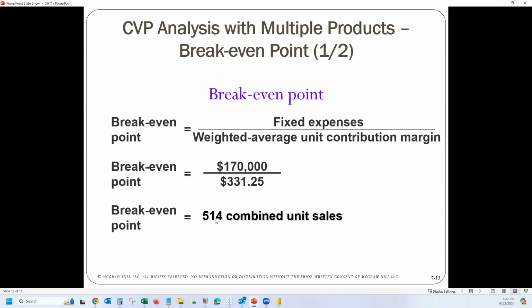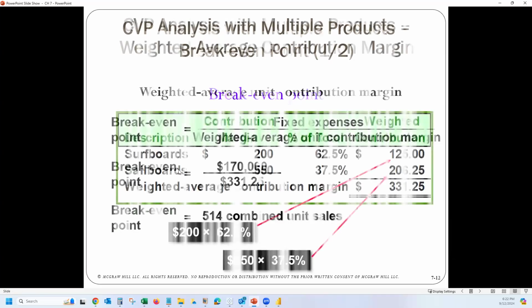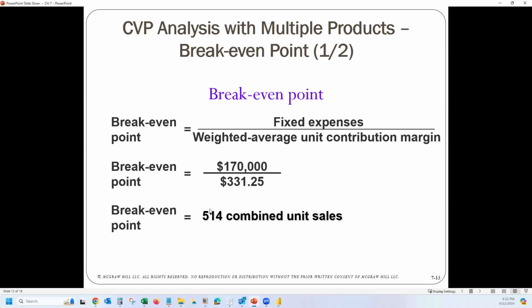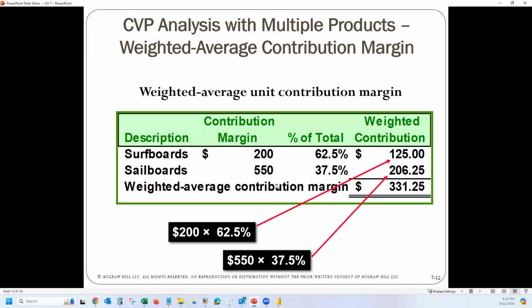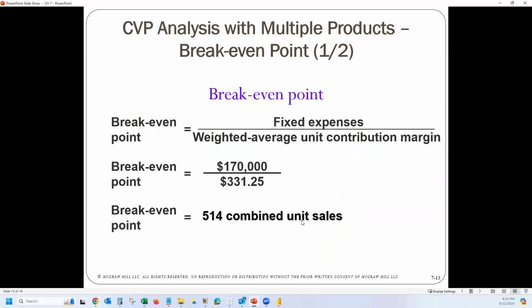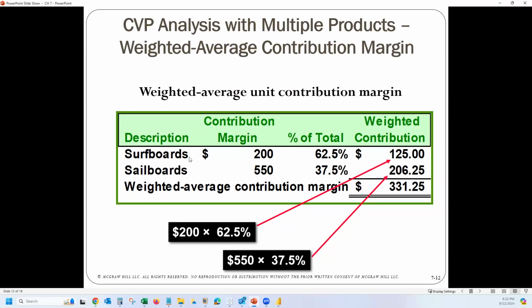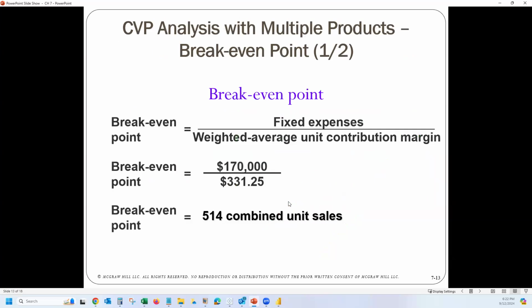The company must sell 514 units in the sales mix. Now the question is, how many of these 514 units must be sold for the softboards, and how many of these 514 units must be sold for the salesboards? So again, you take a proportion of what you have here, 62.5% of that 514 units that must be included in the sales mix, and then 37.5% that must be included in the sales mix in order to be able to break even.